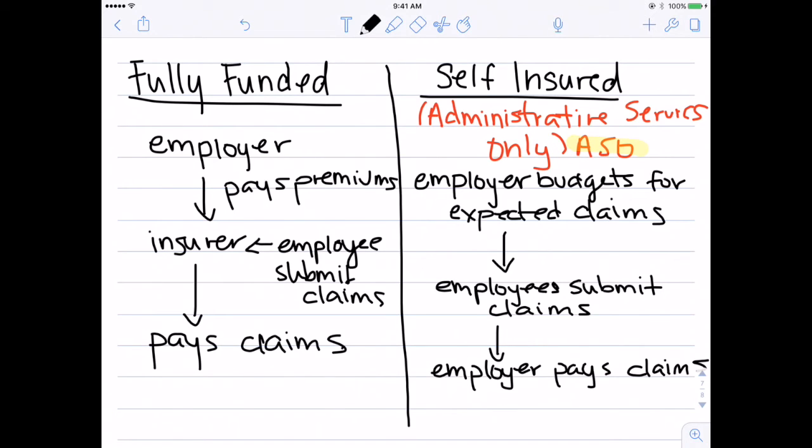Notably, there's some rules around confidentiality that say the employer can't actually handle the claims directly. The employer has to farm out this responsibility for handling claims. And if you think about this from your own perspective, if you submit a claim for a drug that might reveal something about your particular situation, say an antidepressant or a drug for erectile dysfunction, you might not want somebody in your human resources department finding out about that.